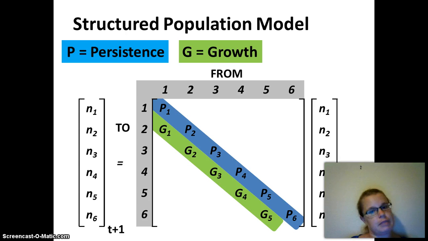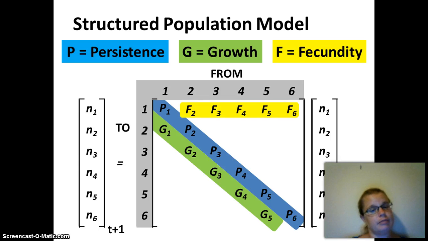So if you have an age-based model, basically individuals are only growing. They can't stay in a stage for more than 1 year. And then there's also fecundity. So, for example, F4 is the number of individuals that one individual, usually female, in stage 4 contributes to stage 1.